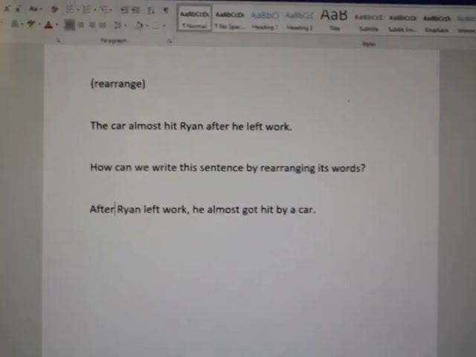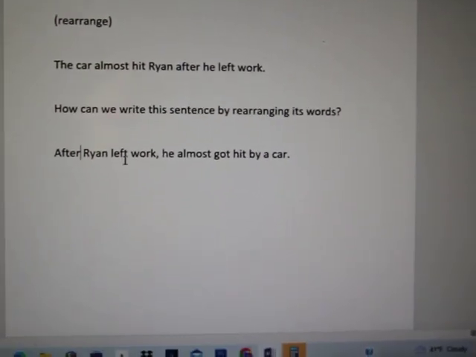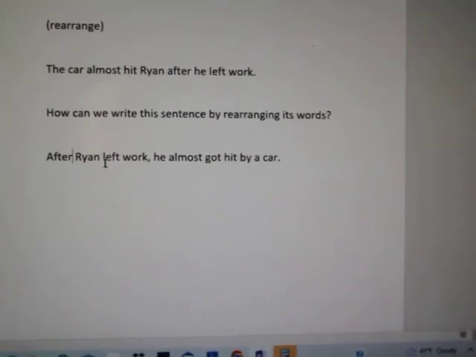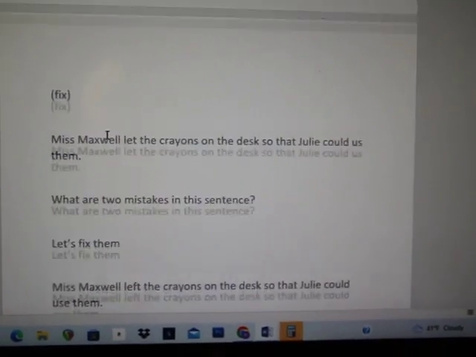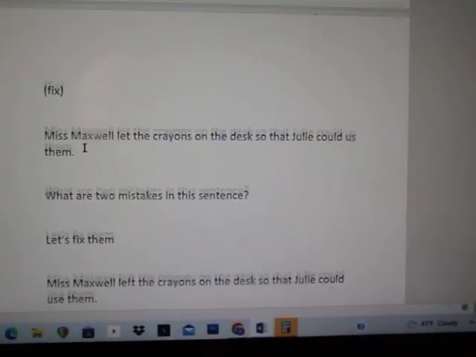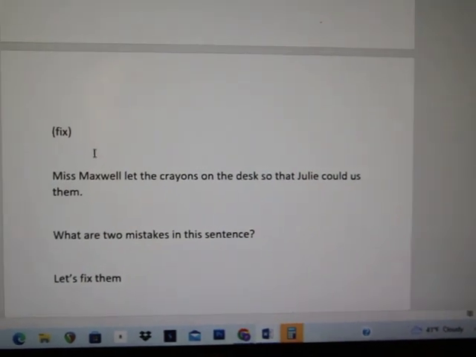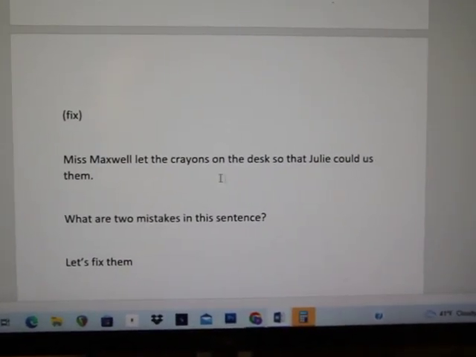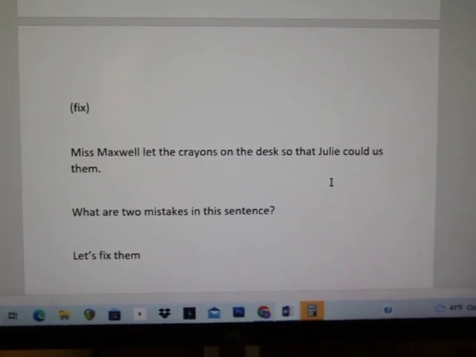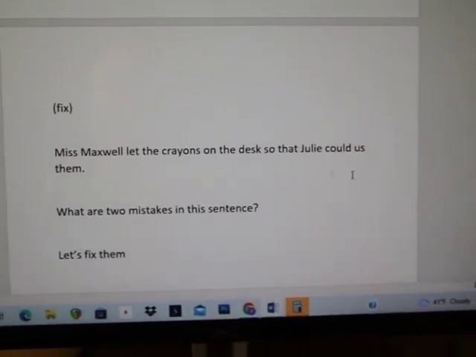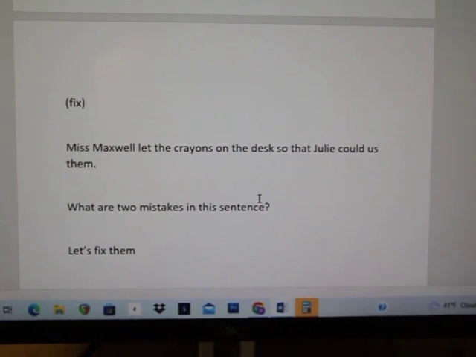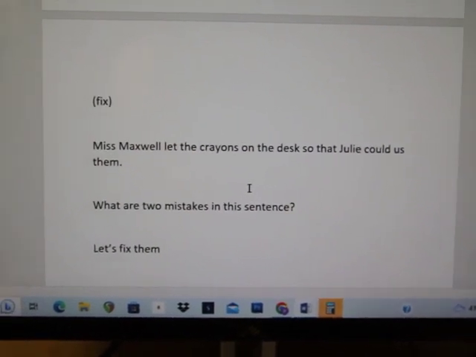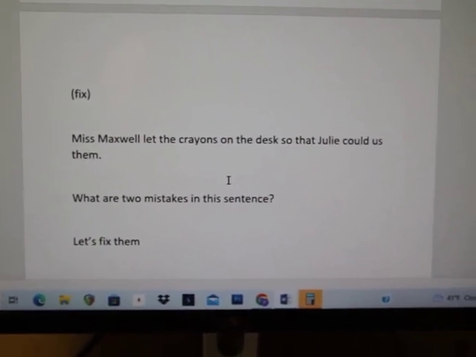Okay, guys, so that's one thing you can do. That's going to be something you're going to have to do on your worksheet. Let's look at the last example. This is called a fix. Now in this one there are going to be some mistakes. If we look here, "Miss Maxwell left the crayons on the desk so that Julie could us them." That does not sound great. Something sounds off.